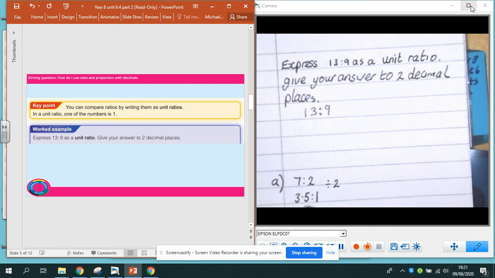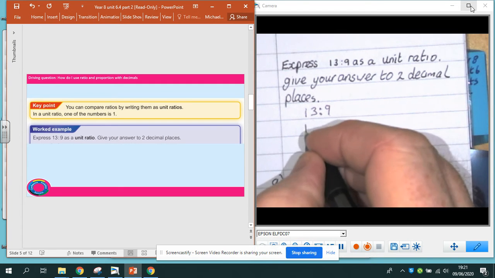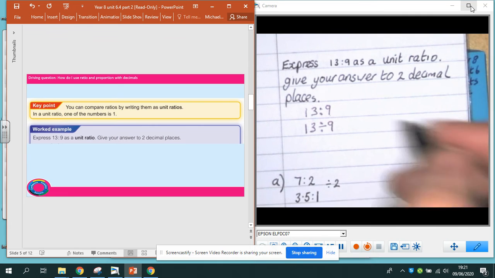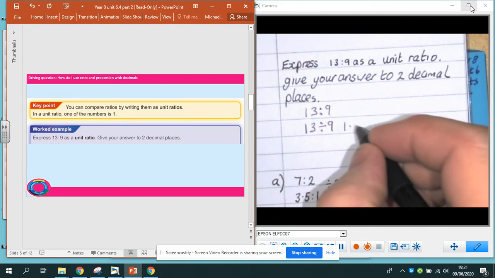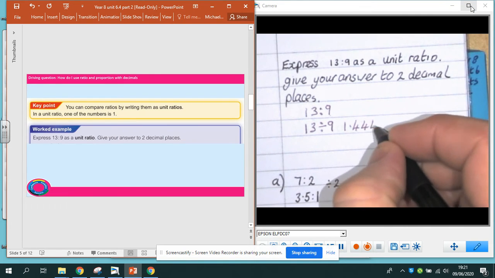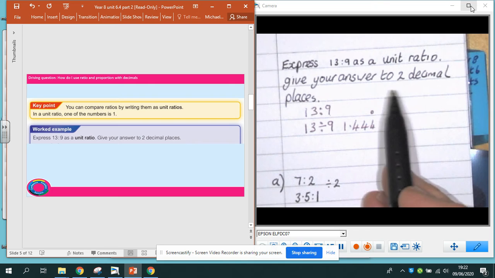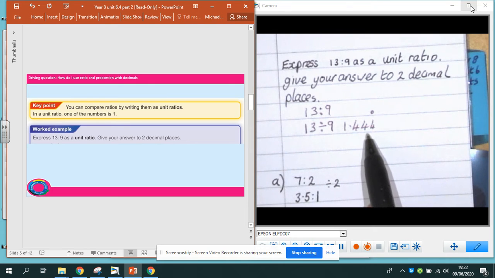So to find out what this number will be, I'm going to divide 13 by 9. And if I do that, I get 1.444 recurring, going on forever. I know I could have written that recurring sign above there, but it says give your answer to 2 decimal places, so taking it on to 3.